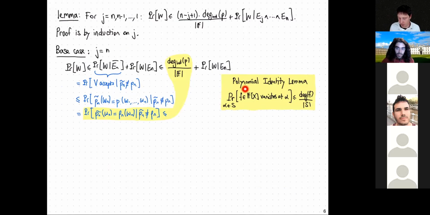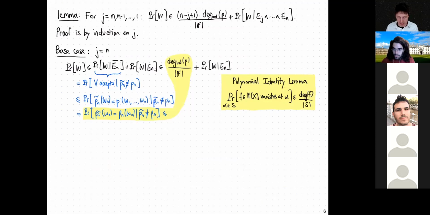But it is completely fine to also call it the Schwartz-Zippel lemma. This is the lemma for univariate polynomials, right? Usually the Schwartz-Zippel lemma is more about multivariate polynomials, where you build it up by induction. All this is saying is that univariate polynomials don't have too many roots.